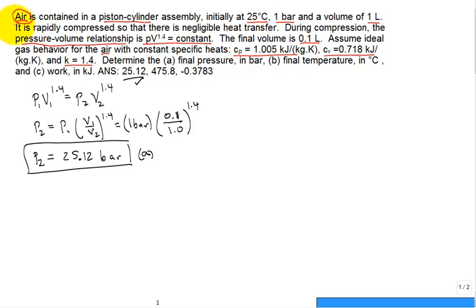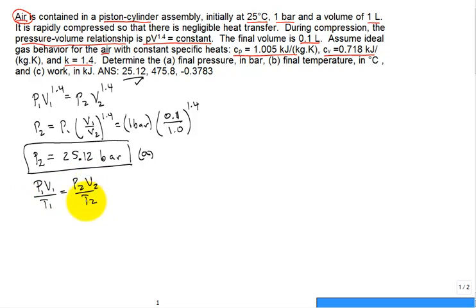Air still behaves as an ideal gas, so the ideal gas equation is true. P1V1 divided by T1 is equal to P2V2 divided by T2. It's still an ideal gas.